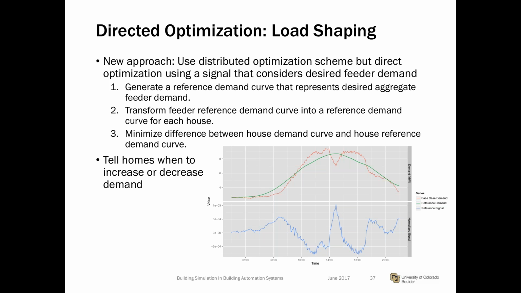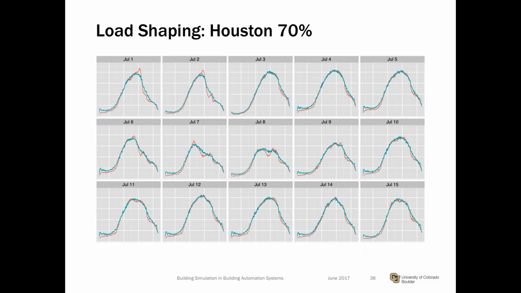So we're basically telling the homes when to increase or decrease demand. If we look at the month of July for Houston, when 70% of the homes, of those 2,100 homes, are participating.